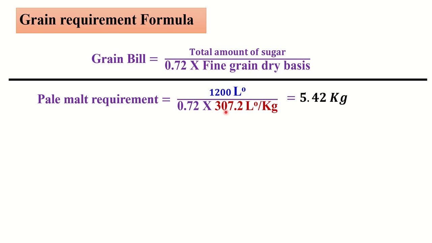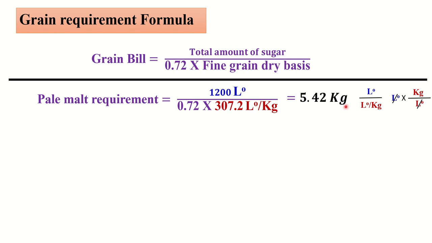Upon calculating, we get 5.42 kg. Always try to see whether your units are consistent or not. That is very much essential. Here you can clearly see liter degree gets cancelled. The only thing that remains is kg, kilograms. So the pale malt is always measured in kilograms, so what we are doing is correct.